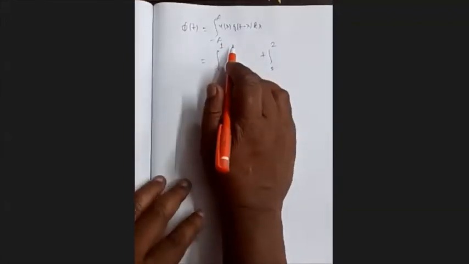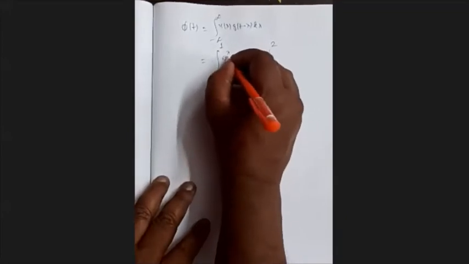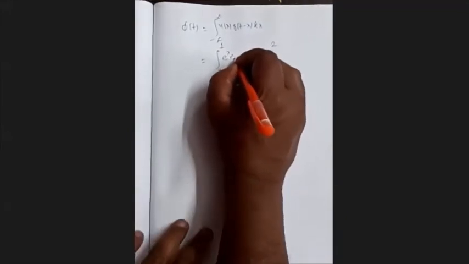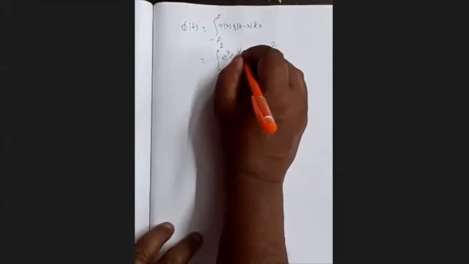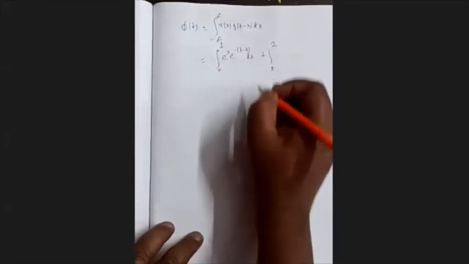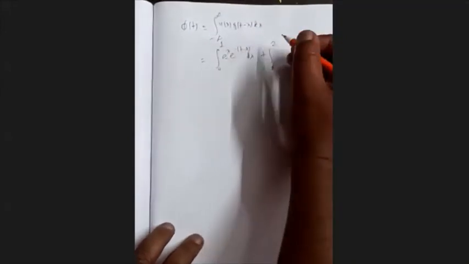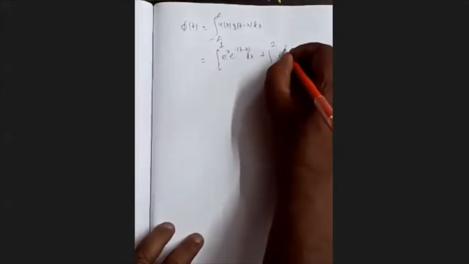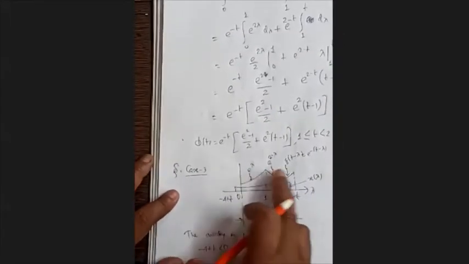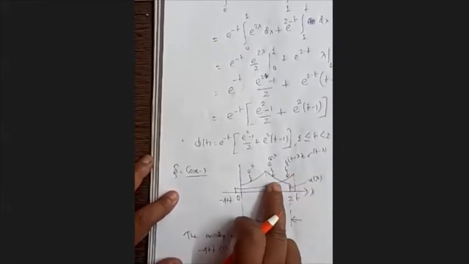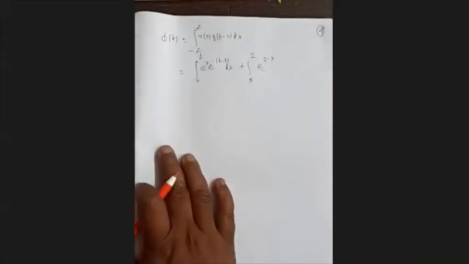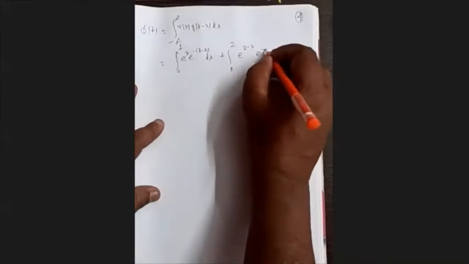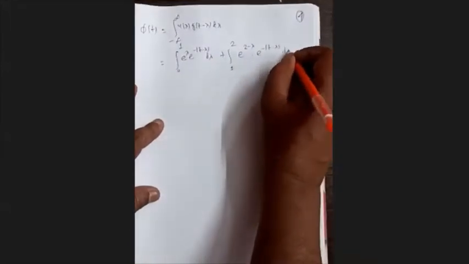Between 0 to 1, our x lambda is e to the power lambda, and for g t it is e to the power minus t minus lambda. For the second part, it will be e to the power 2 minus lambda. You see it is e to the power lambda first, then e to the power 2 minus lambda for the first function. And it is e to the power minus t minus lambda d lambda.